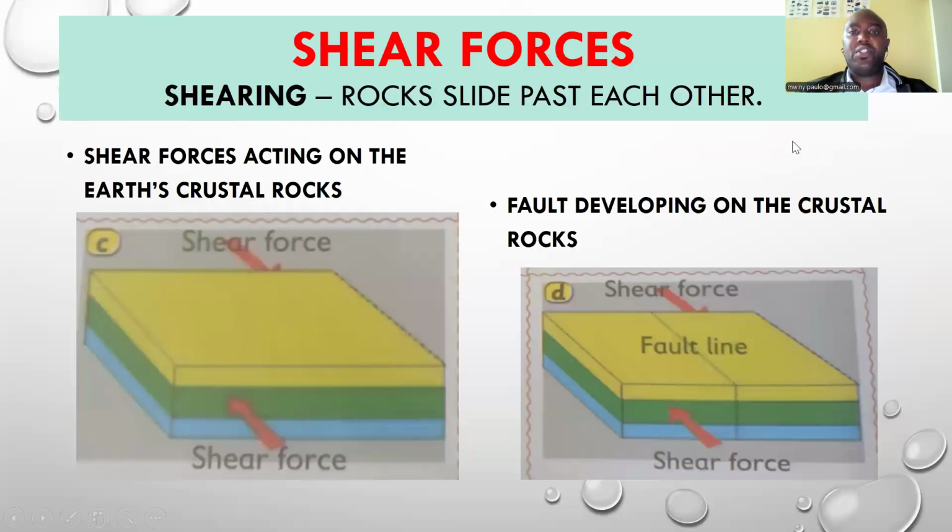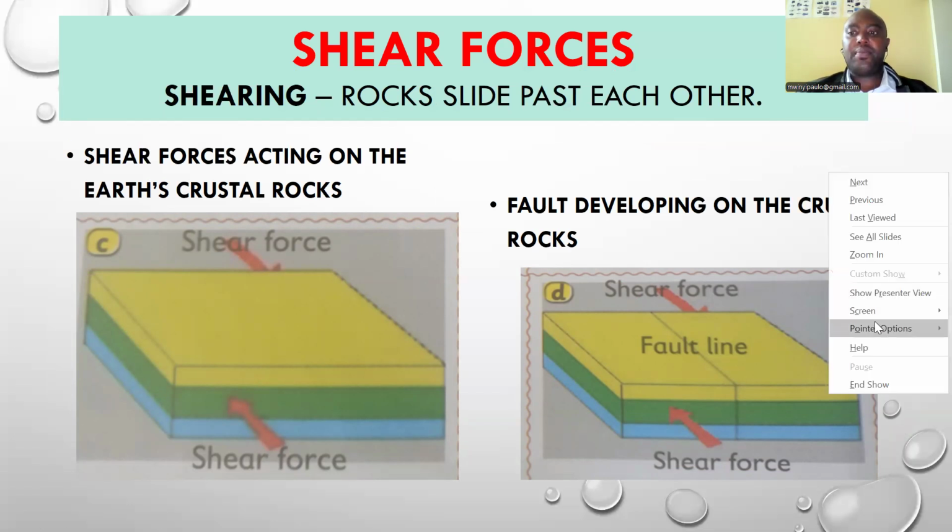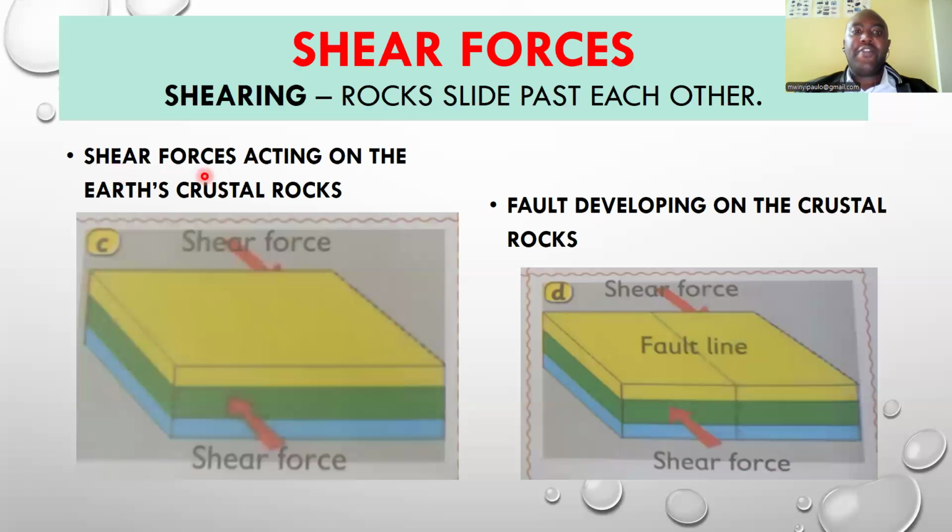Next, we have shear forces. In shearing, rocks slide past each other. As you can see on your screen, with shear forces acting on the Earth's crustal rocks, this is a shear force and this is another shear force.